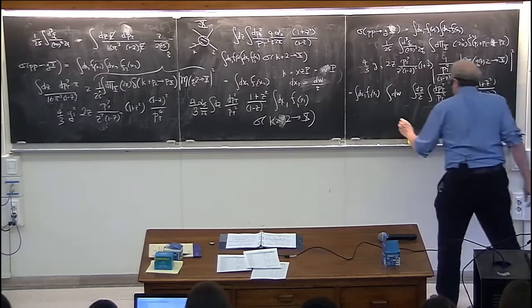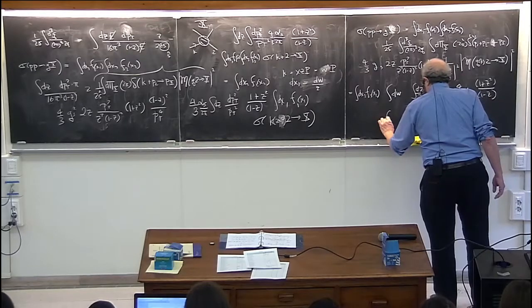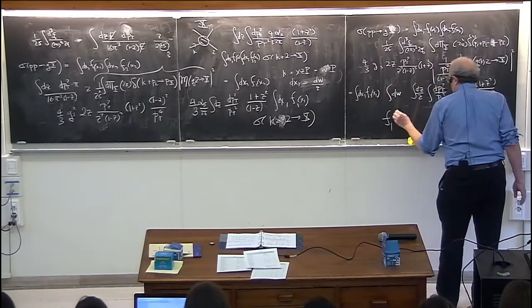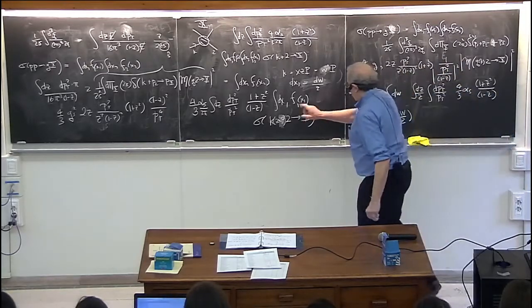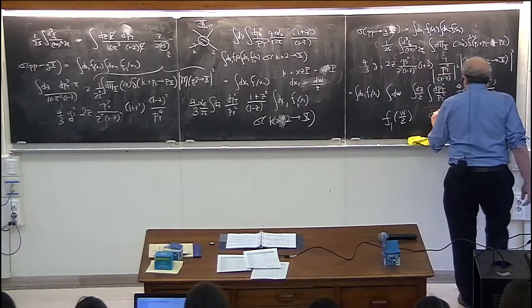And then the parton distribution f1 evaluated at w over z. That's this factor here. And then finally the hard cross-section.